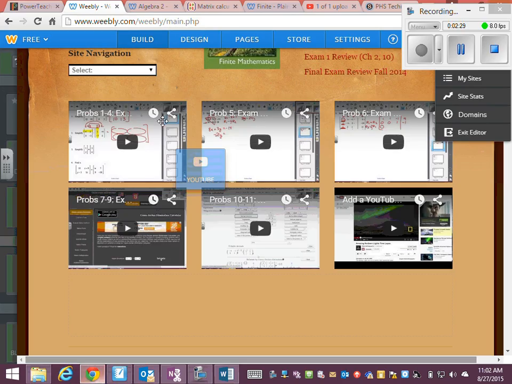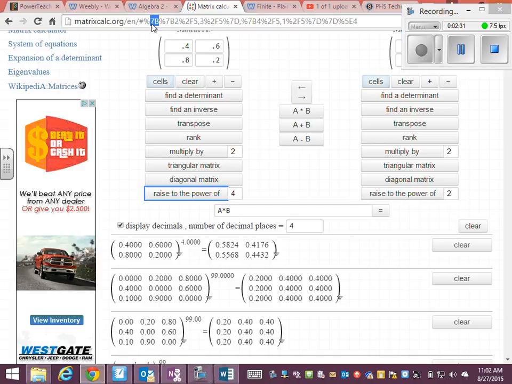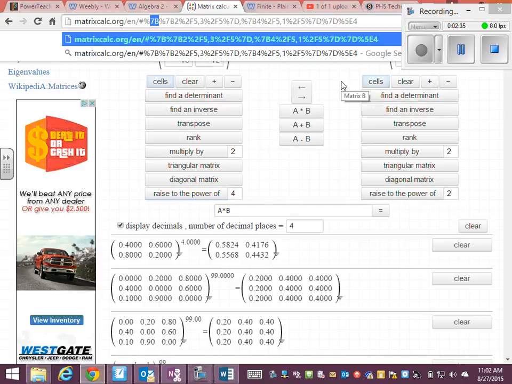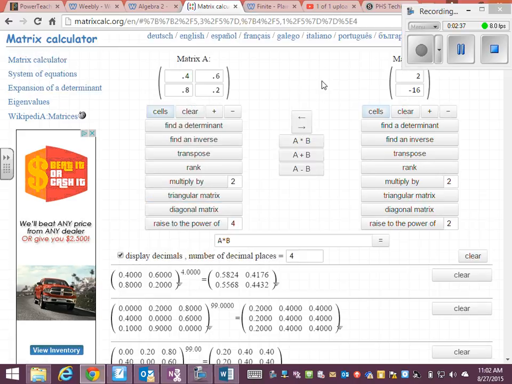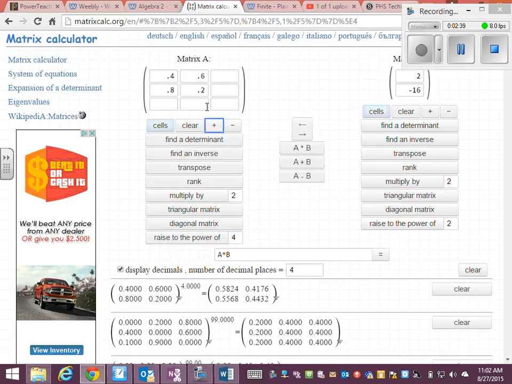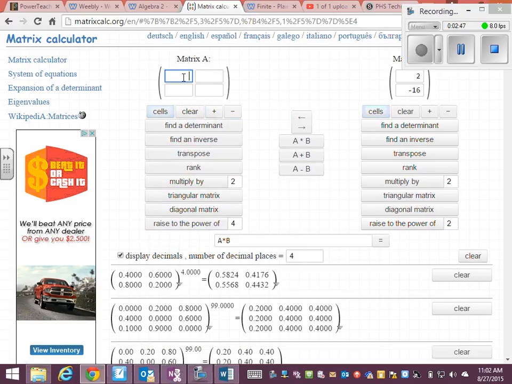So let's go to matrixcalc.org. Matrixcalc.org right here. I'm going to clear that. And it was a 2x2, 0.4, 0.6, 0.8, 0.2.